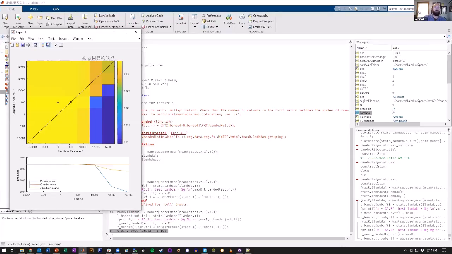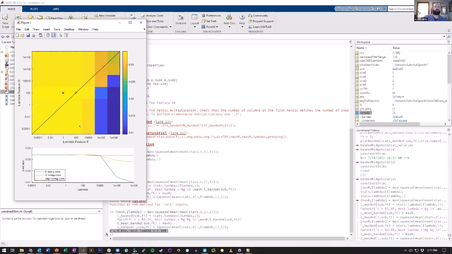Along this dimension is a set of tuning functions for the envelope feature. And along this dimension is a set of tuning functions for the onset feature. And you'll see that across most of the onset features, the envelope feature is varying quite substantially, and the onset feature is not really varying that much.